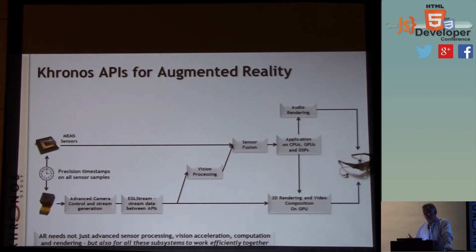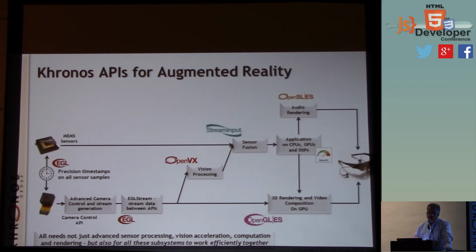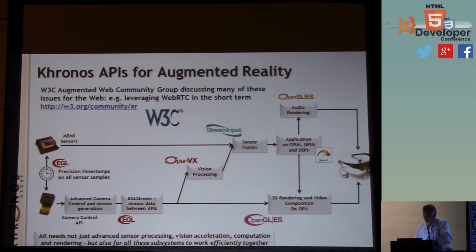So if we're creating an application like augmented reality using native APIs, for the first time, we can use native APIs that are open standards to create an augmented reality flow, 100% acceleration with 100% open portable APIs. So we'd like to start working and bringing that capability up into the browser.